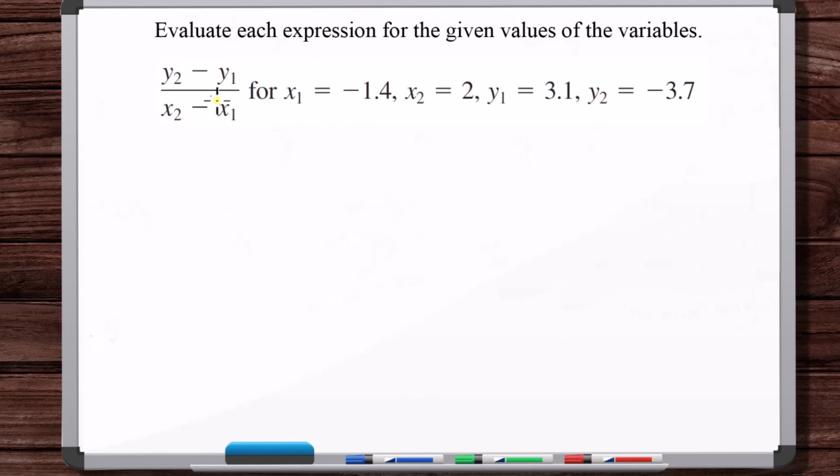Okay. Let's evaluate (y2 minus y1) over (x2 minus x1) with these substitutions for the variables. So y2 is minus 3.7, y1 is 3.1, x2 is 2, and x1 is minus 1.4.